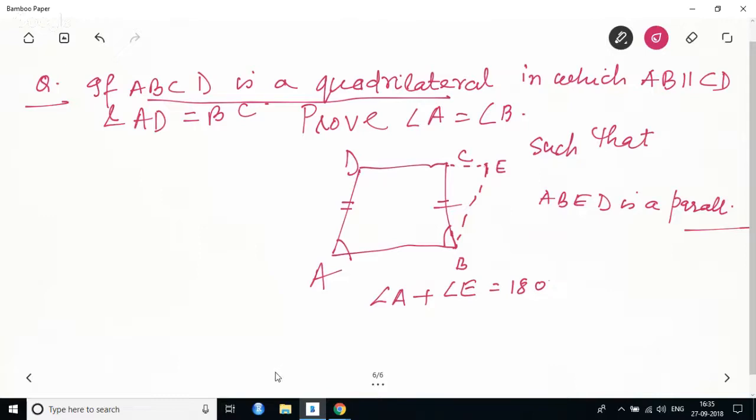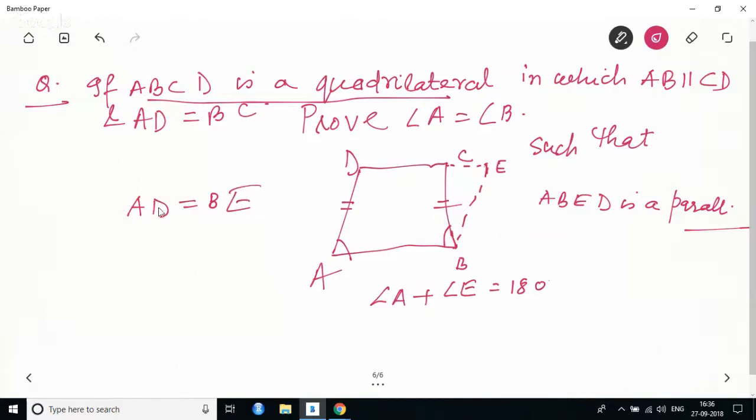Now try to understand. Now if ABED is a parallelogram, then AD would be equal to B. Sorry, once again, have I made the diagram correctly? Yes, I made the diagram correctly. One second, AD is equal to BE. Okay, so AD would be equal to BE.